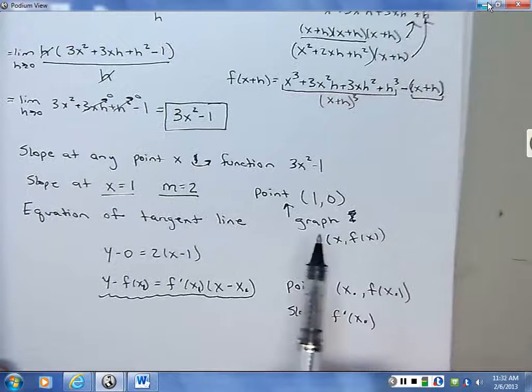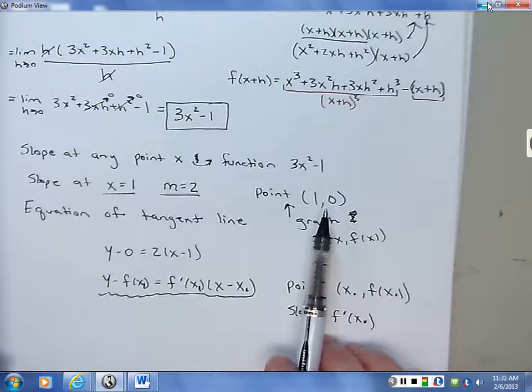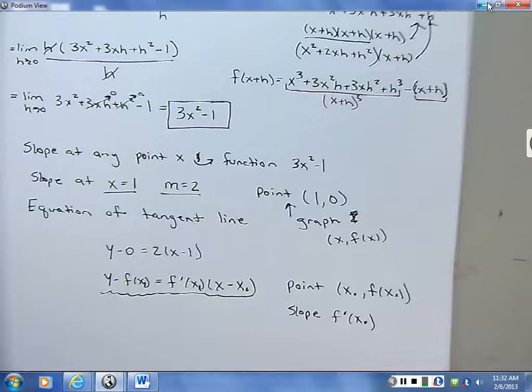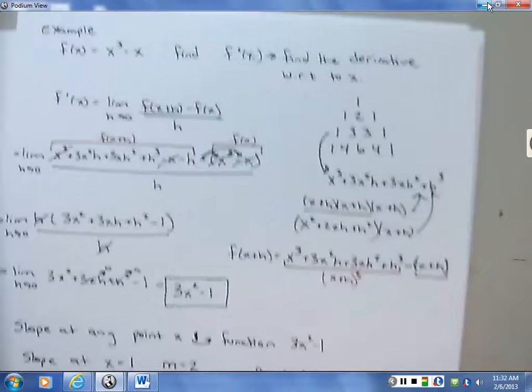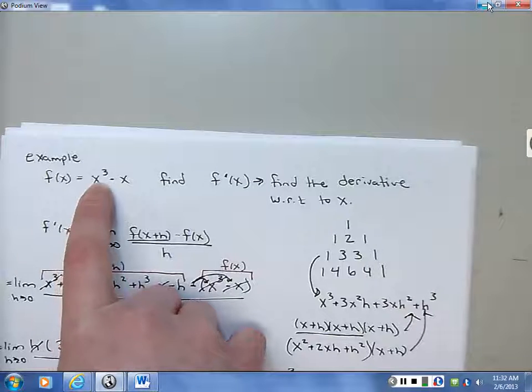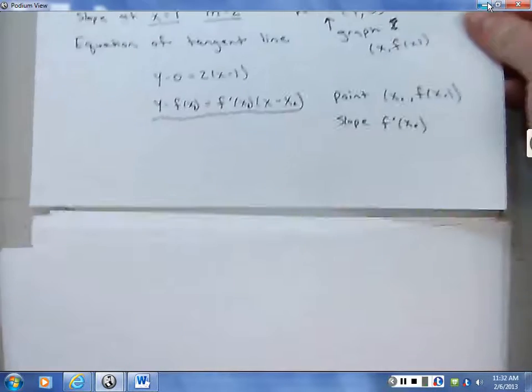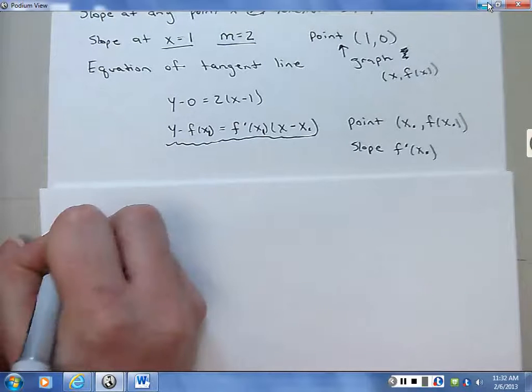Does anyone have any question where I got this point from? Anytime you need an equation of a line, you need a point and a slope. So the point is from the original graph, the original function, right? This function, so let's graph this function real quick, and it might make a little bit more sense. You just plugged 1 into it, though. Yes.